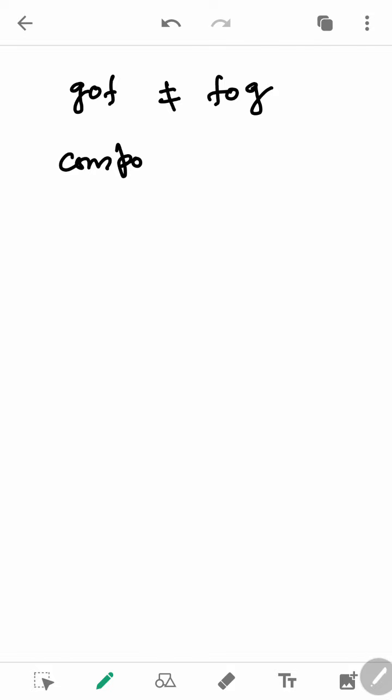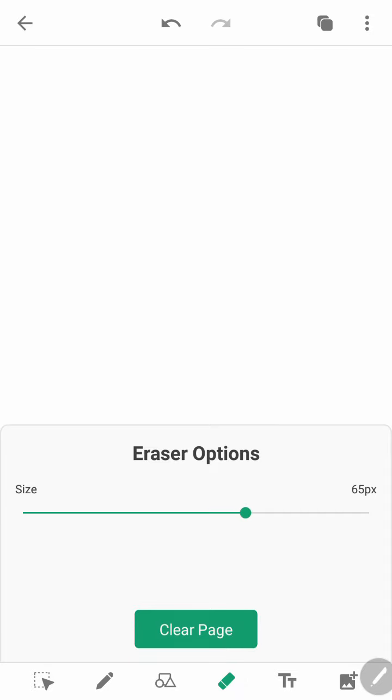Okay, next question is whether the composition function is associative or not. Associativity means what? We have to see whether it is associative or not. That means there should be three functions, right? Let f map from a to b, g map from b to c, and h map from c to d.